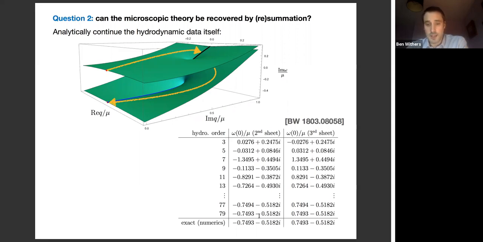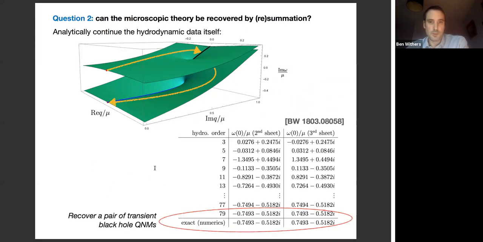At order 79, you can see it converges to a value, and there are 4 significant digits of agreement between this analytically continued result and the exact answer, which you can just compute by computing this first quasi-normal mode of the black hole. So it's a complex pair of modes. So this analytic continuation procedure goes from hydrodynamic data to microscopic data.